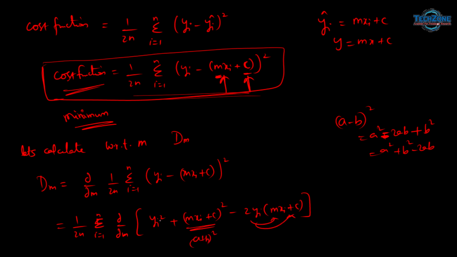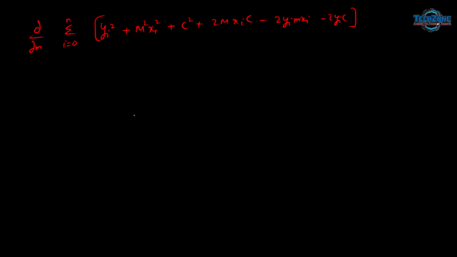So yi square plus this will be m square xi square, plus c square plus 2mxic, and these two terms are multiplied. So we'll get this finally. Now when we are differentiating with respect to m, this will become constant, right? So this is 0 because it is not having m value. This will become 0 and this will become 0. So three terms will become 0.